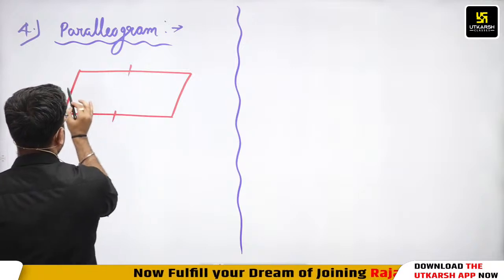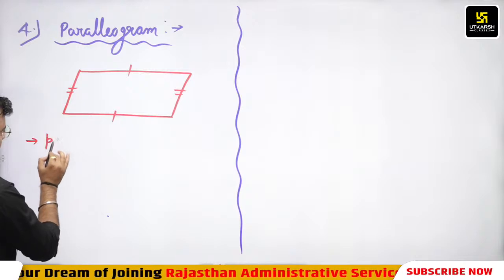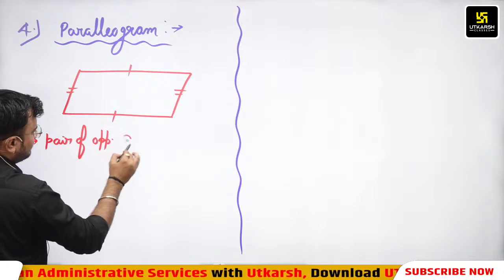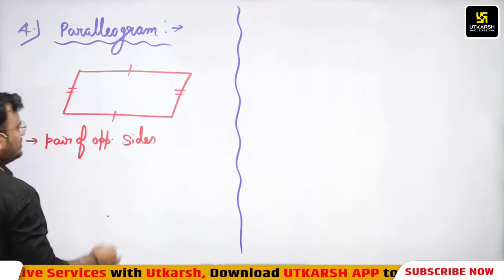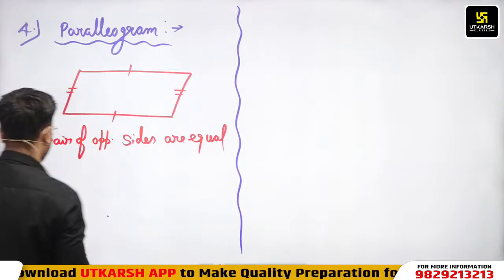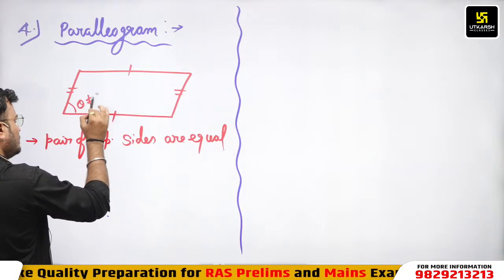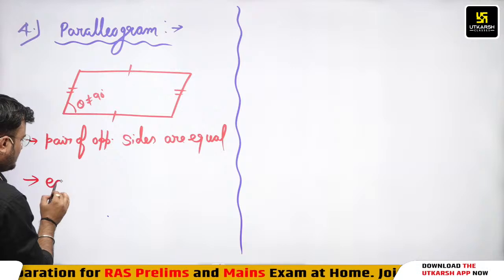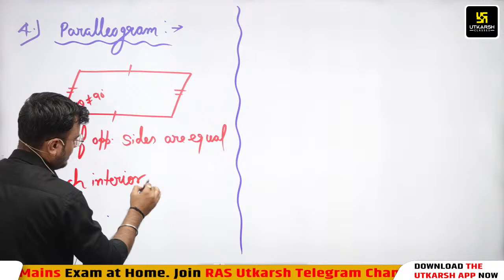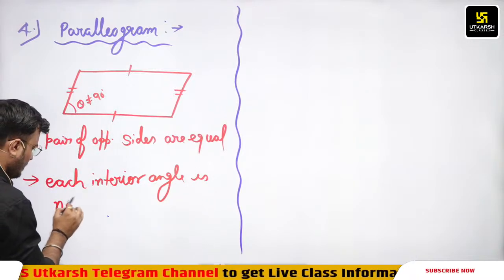The pair of opposite sides are equal, as in a rectangle, but the difference is what? Each interior angle is not equal to 90 degrees.